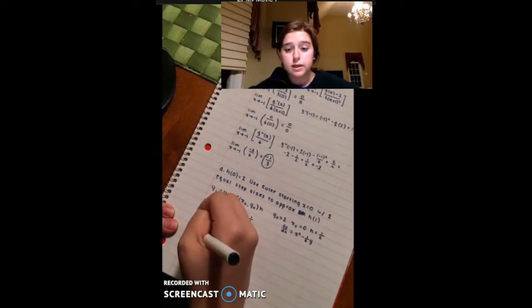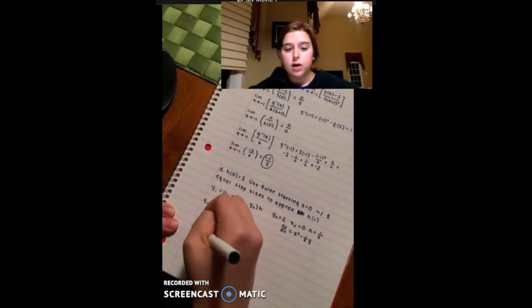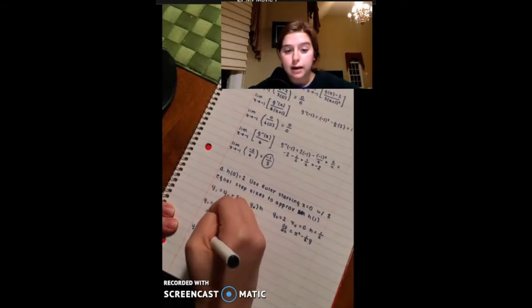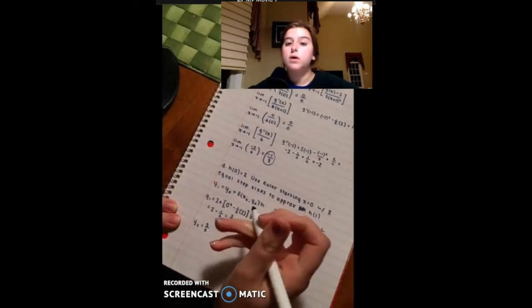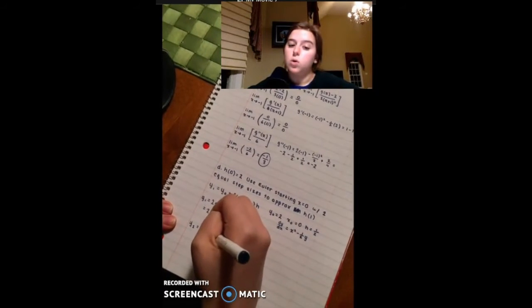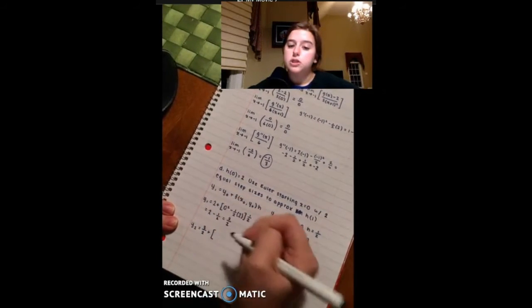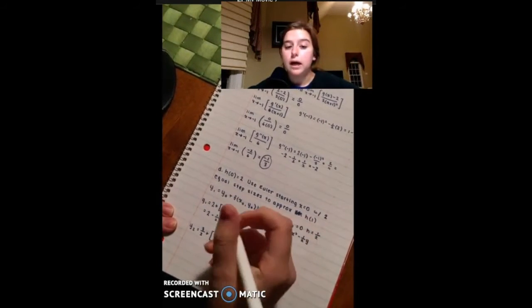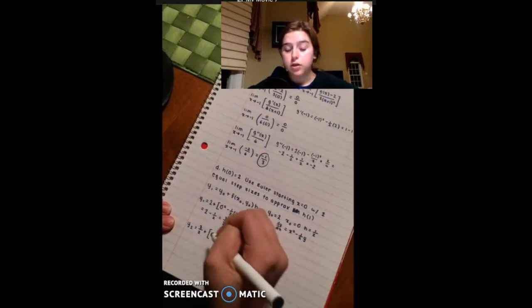Okay, so finally we found that y1 equals 3/2. So now we know that y1 equals 3/2, or h of 1/2 is approximately 3/2.